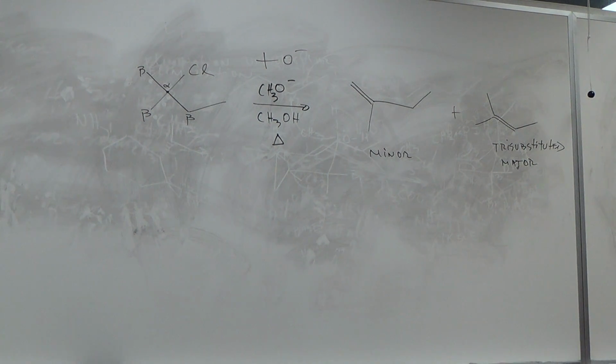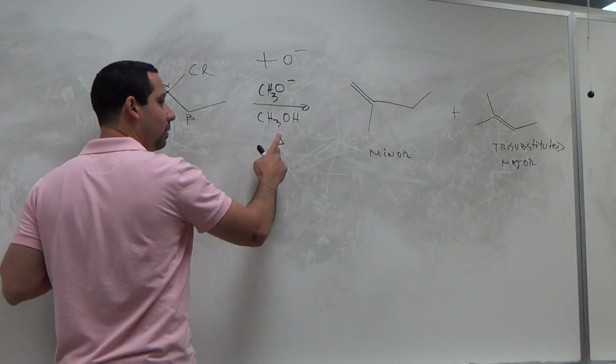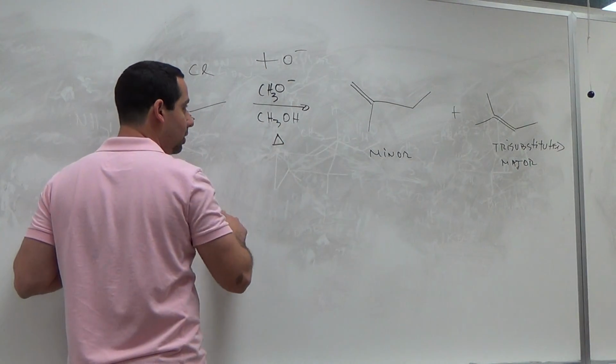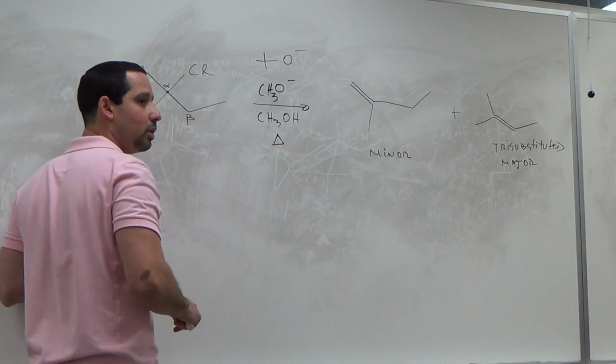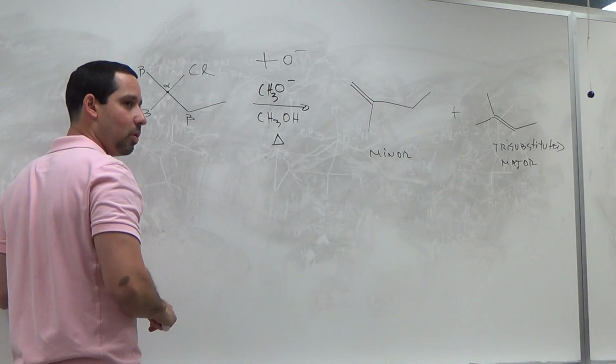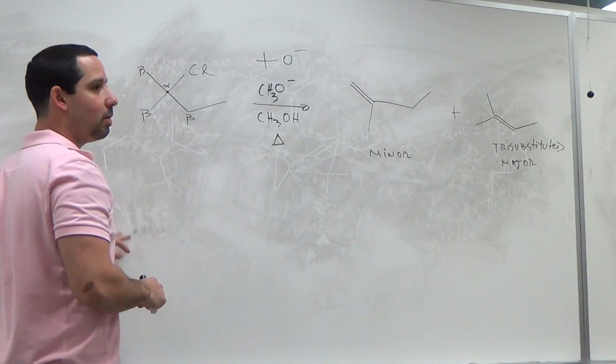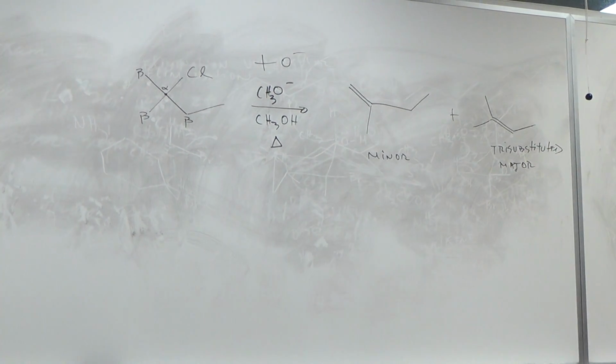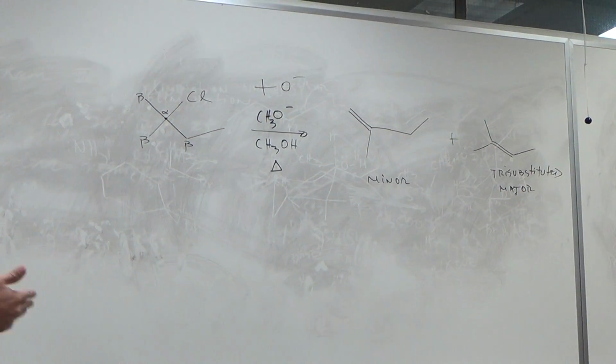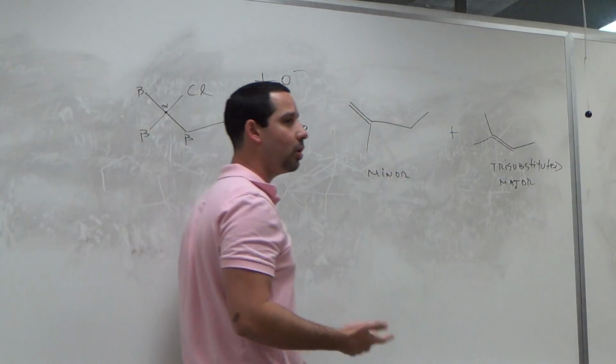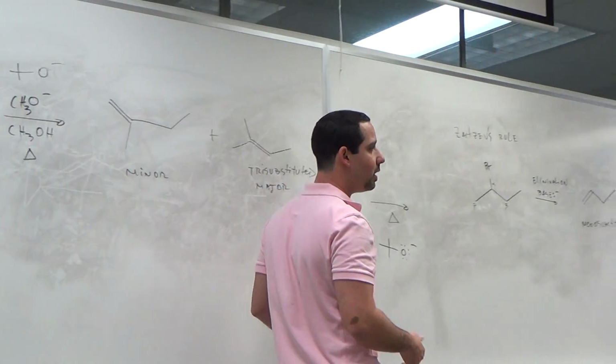But there are some keywords. E means what? Elimination. Strong elimination, so he likes to do elimination. Other than that, I'm going to tell you, provide the substitution product or provide the elimination product.